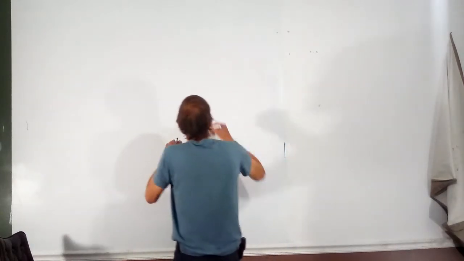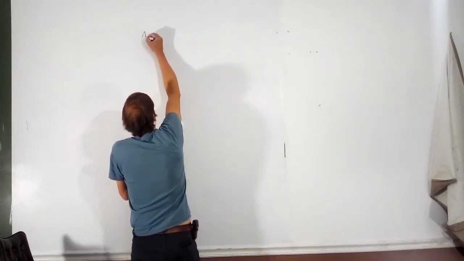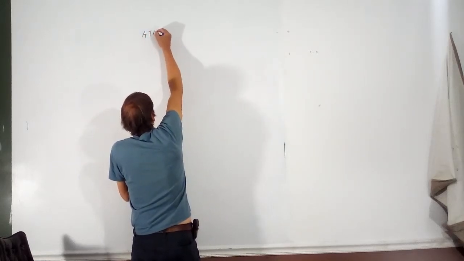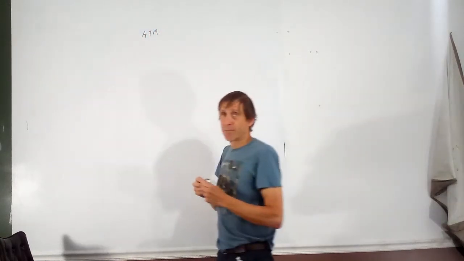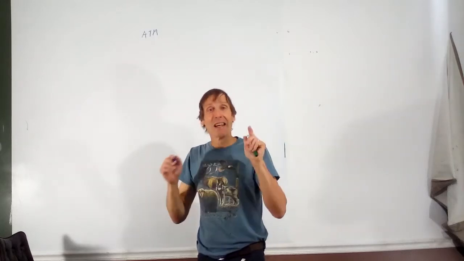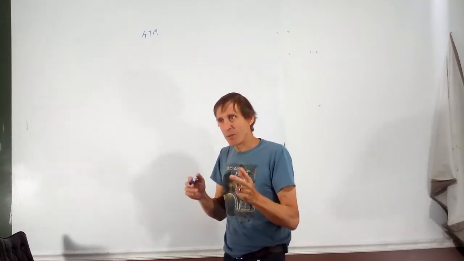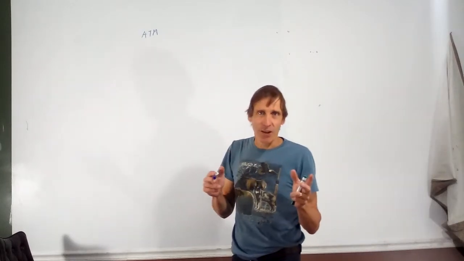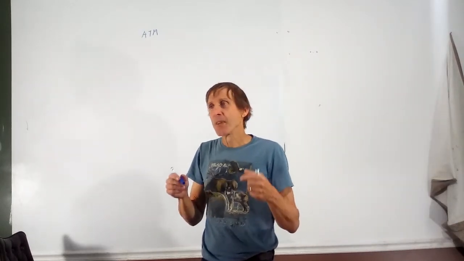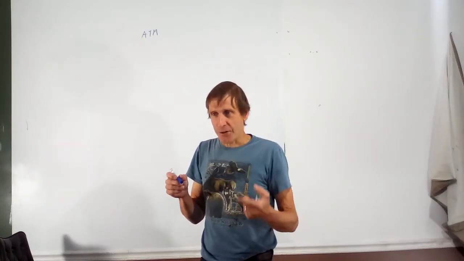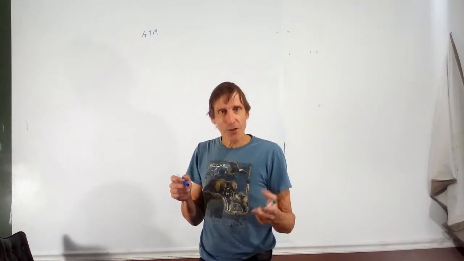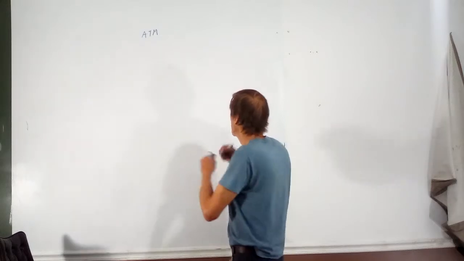So let's start with ATM. That's not automatic teller machine, that's the atmospheric abbreviation. We've already mentioned, the atmosphere at sea level pressure is 760 millimeters of mercury. Percent concentration is 21% for oxygen, so you multiply them together to get the partial pressure.